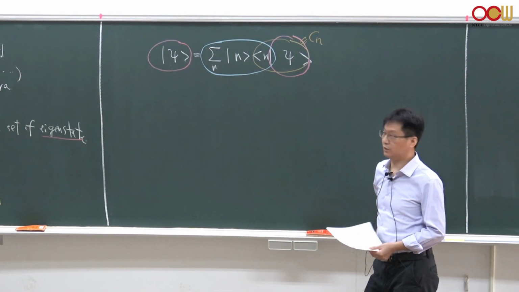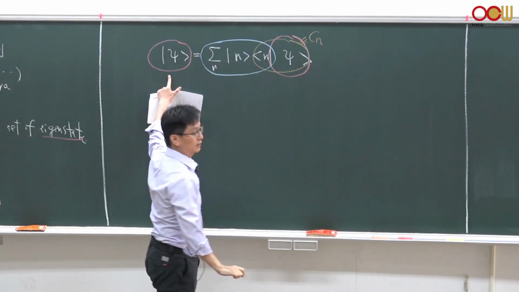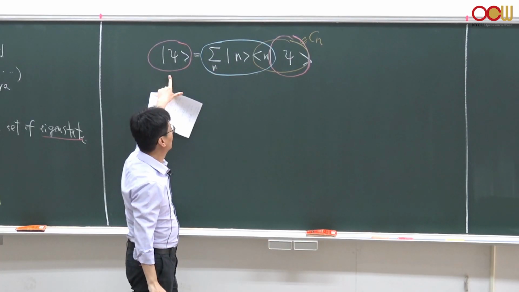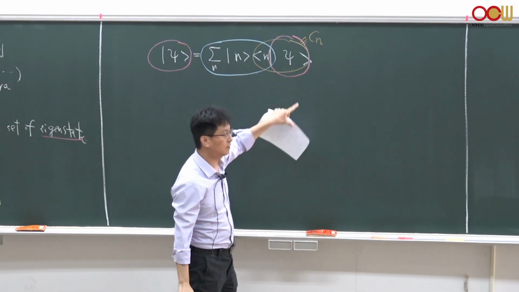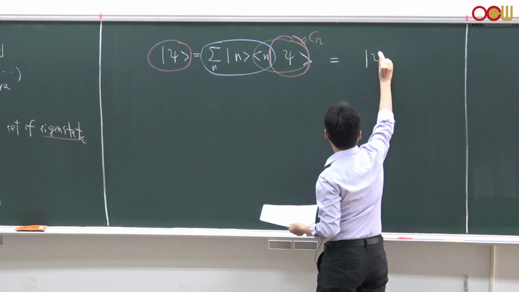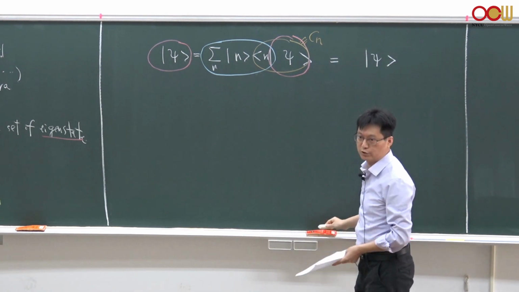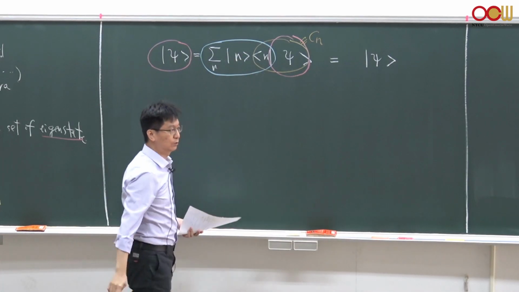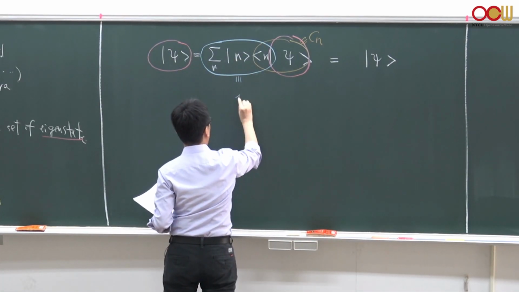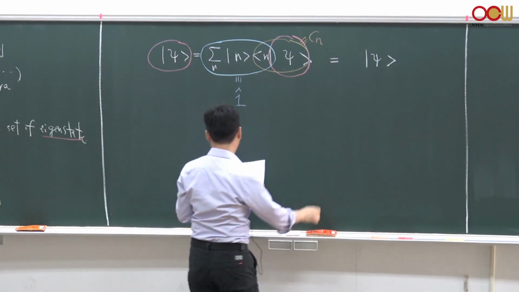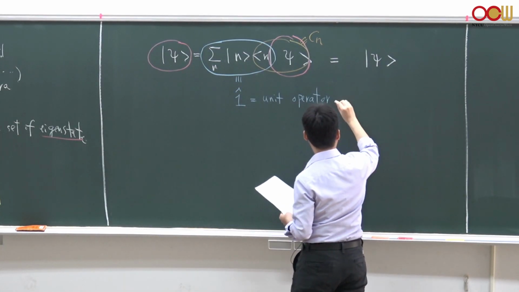As you can see very clearly, the left-hand side is the ket state psi, and the right-hand side should also be the same state psi, which leaves this object inside the blue box as the identity matrix, which is called the unit operator or identity operator.